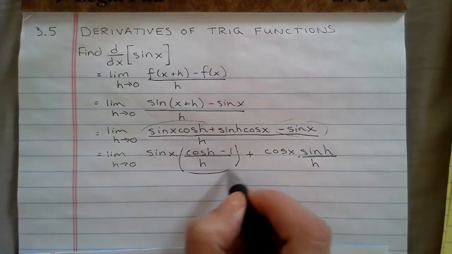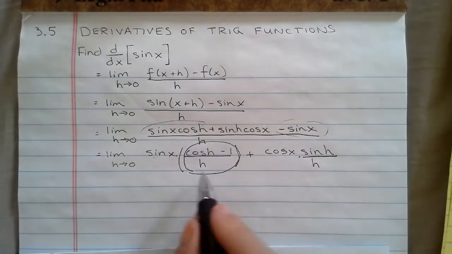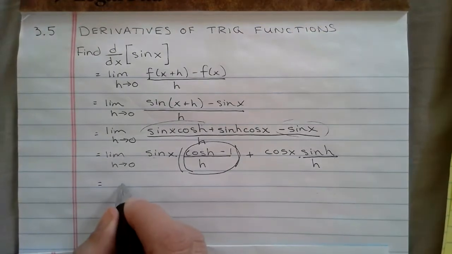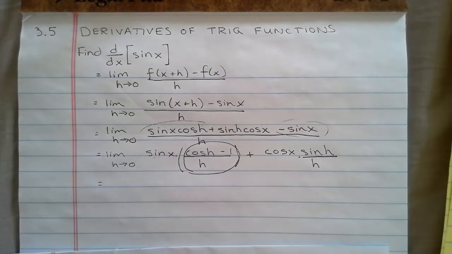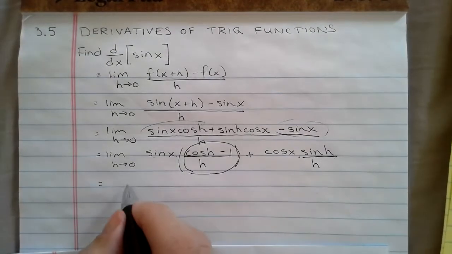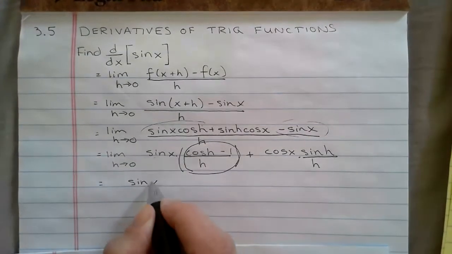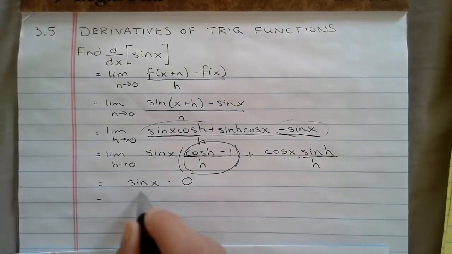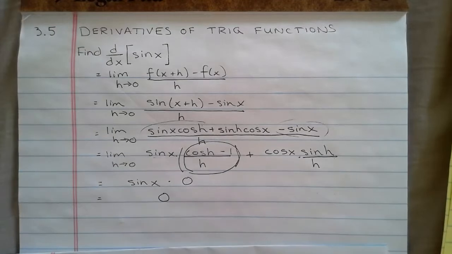The reason I did it this way is because that's an identity as h approaches 0 that we talked about the other day. So if I plug in a value as h goes to 0, this is actually 0, which gives us sine x times 0 is 0, right?